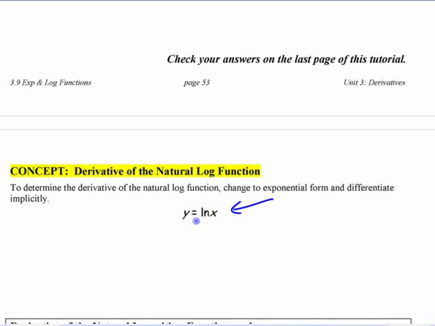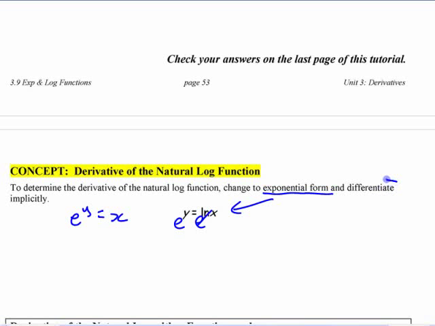So if you change this to exponential form, it means do the anti-ln of each side. e to the y equals x. The way you do that is do the anti-logarithm base e, because this cancels out and you get that.